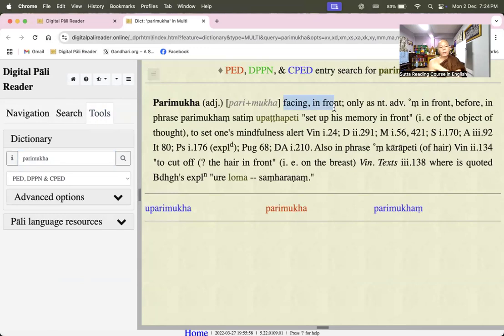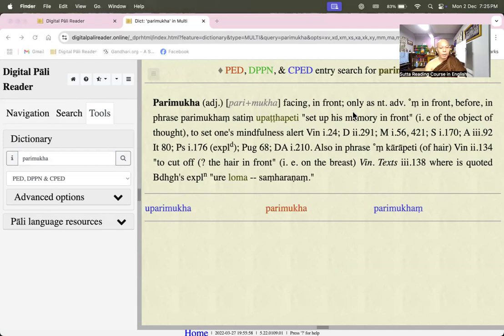The meaning of that one is praising. But here you see, parimukhaṃ satiṃ upaṭṭhapetvā means set his memory in front, or formally, or maybe facing the object, or prior to the object of something, in this way can be understood. Pari can be set in front also, or maybe before also, okay.